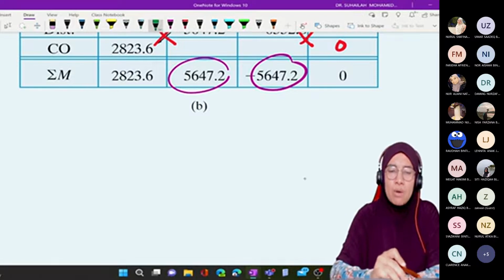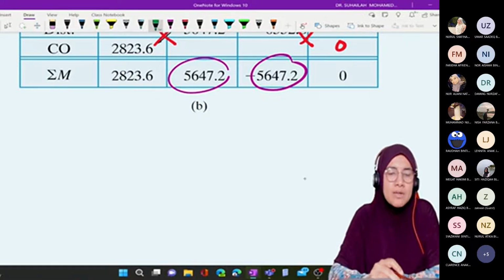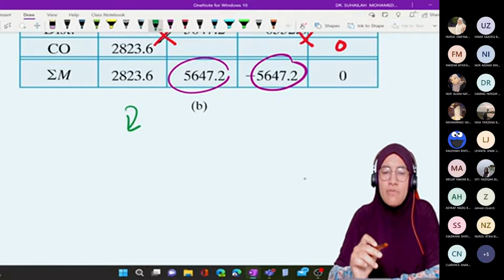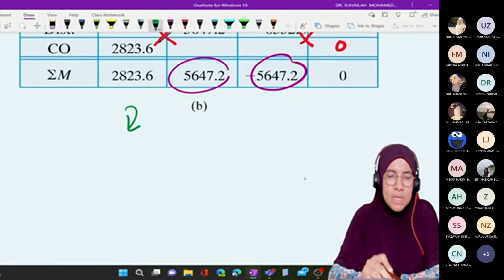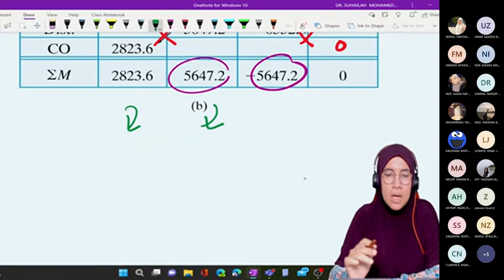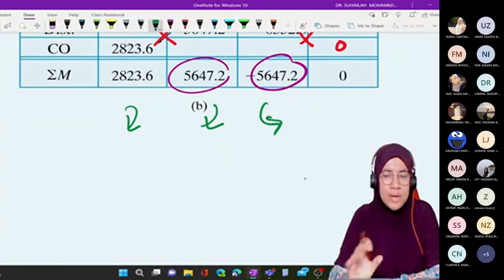Okay, basically I just do it like this. For AB, the moment is clockwise. For BA, the moment is clockwise. BC, the moment is negative, counterclockwise, and then 0.